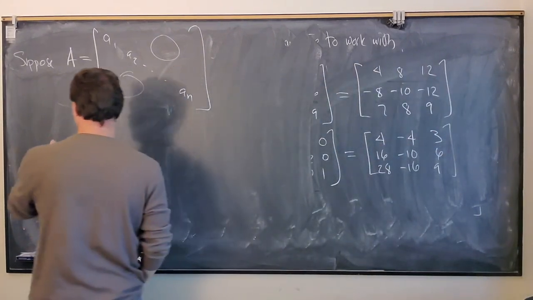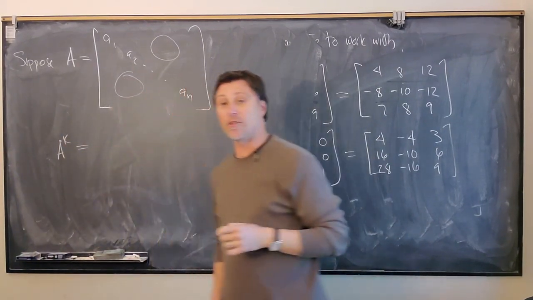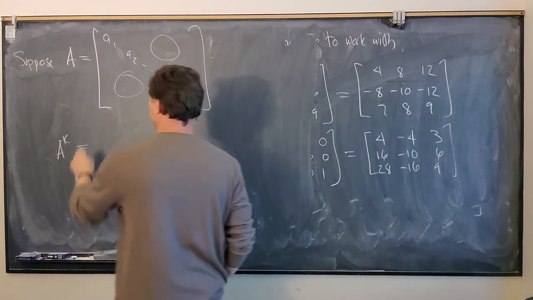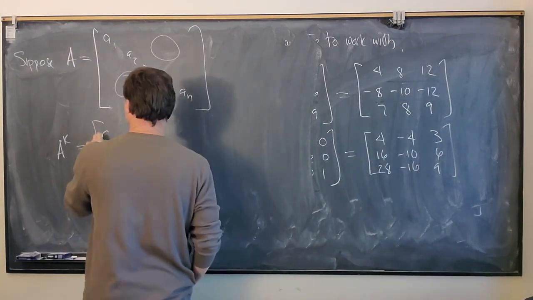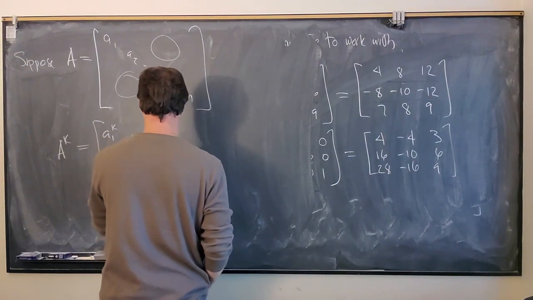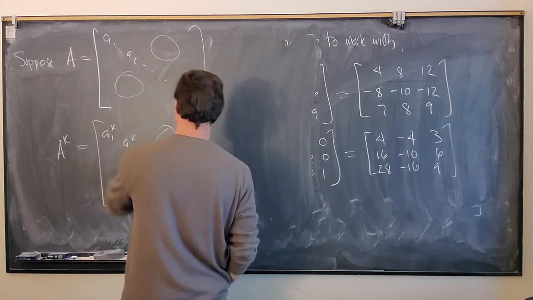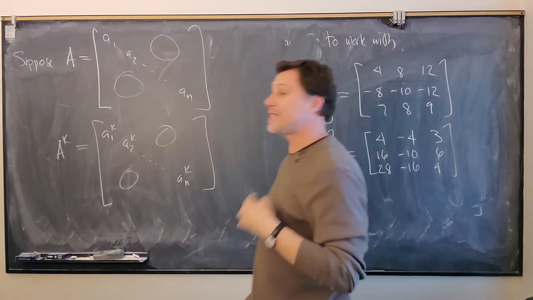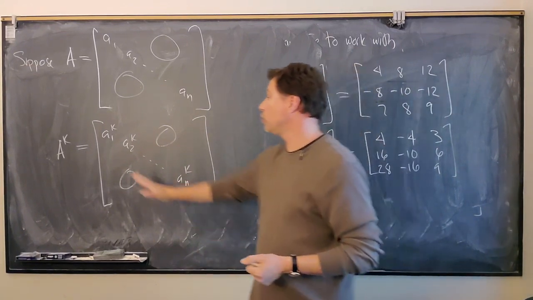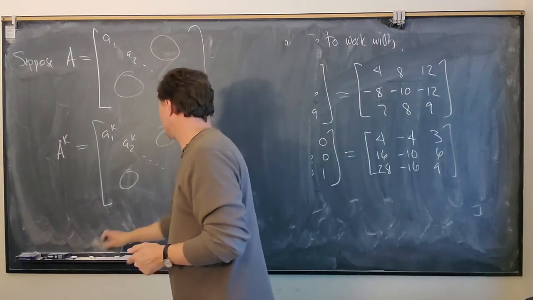It turns out then that if you multiply A times itself k times, A to the k is equal to a1 raised to the k, a2 raised to the k, dot, dot, dot, an raised to the k, and zeros everywhere else. So if you have a diagonal matrix, it's very easy to multiply it by itself. All you do is raise each of the diagonal entries to the corresponding power.